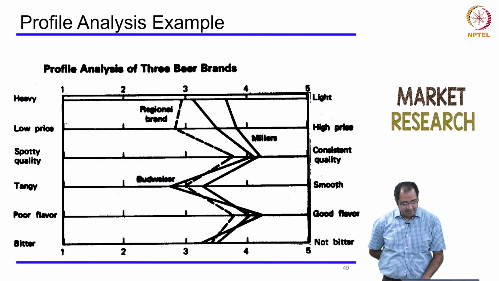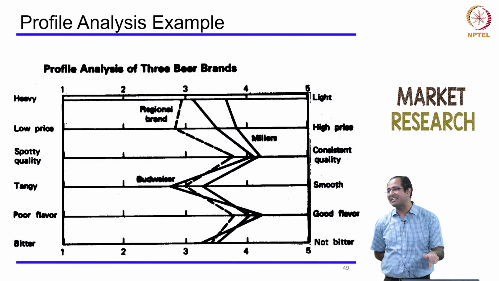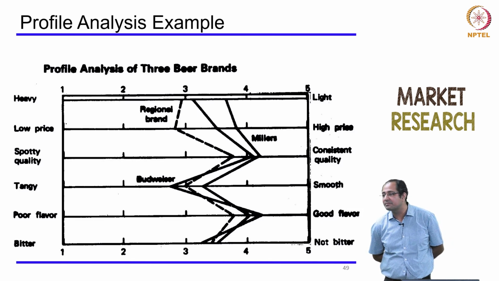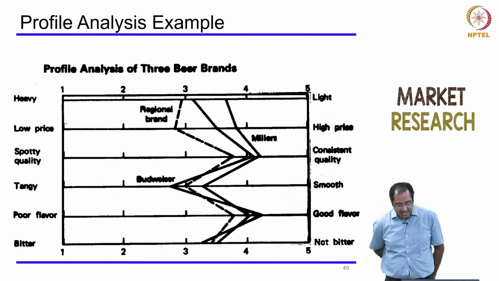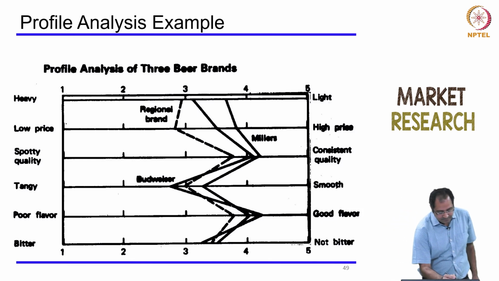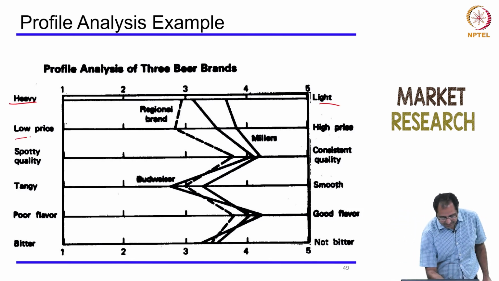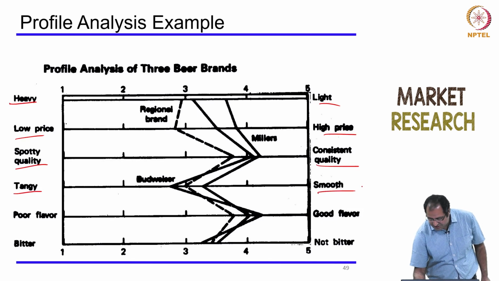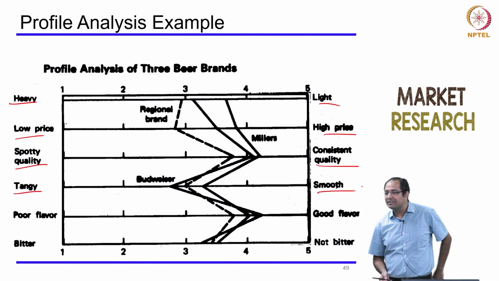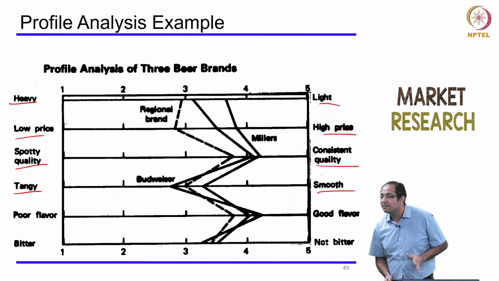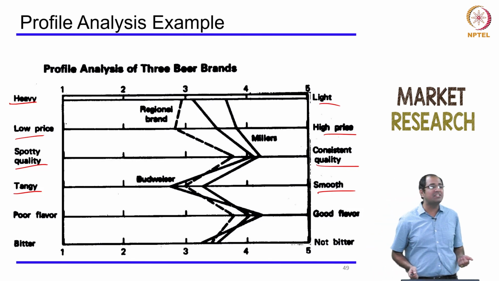The most benefit of it is something like here. This is called profile analysis. Here you have heavy, light, low price, high price, spotty quality, consistent quality, tangy, smooth. This is about 3 beer brands that are very competitive in your target market. How do people think of these 3 beer brands?